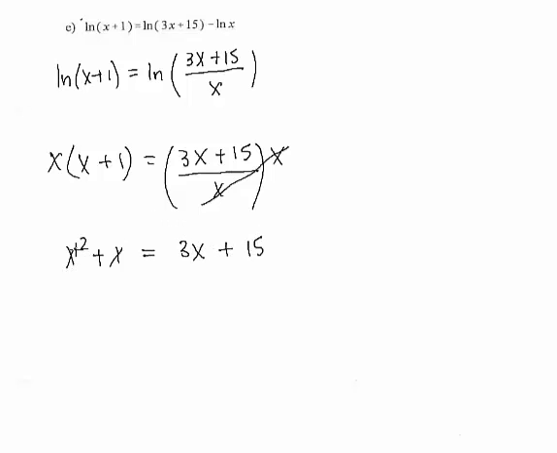With the x squared term we're going to get another quadratic equation. So if we subtract 3x and 15 from both sides, we're simply moving all of the terms to the left. The terms on the right would cancel. We would have an x minus 3x, which is negative 2x, and then a minus 15.